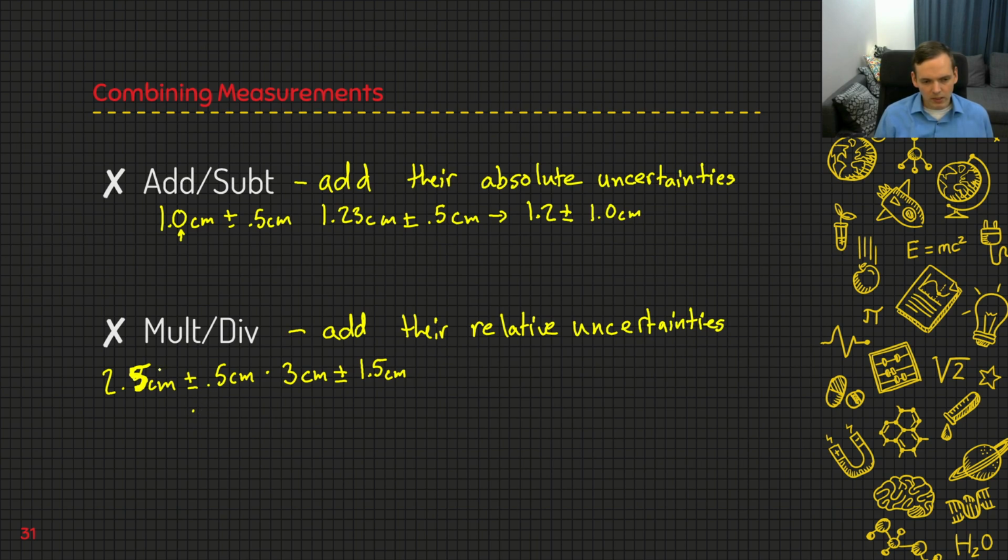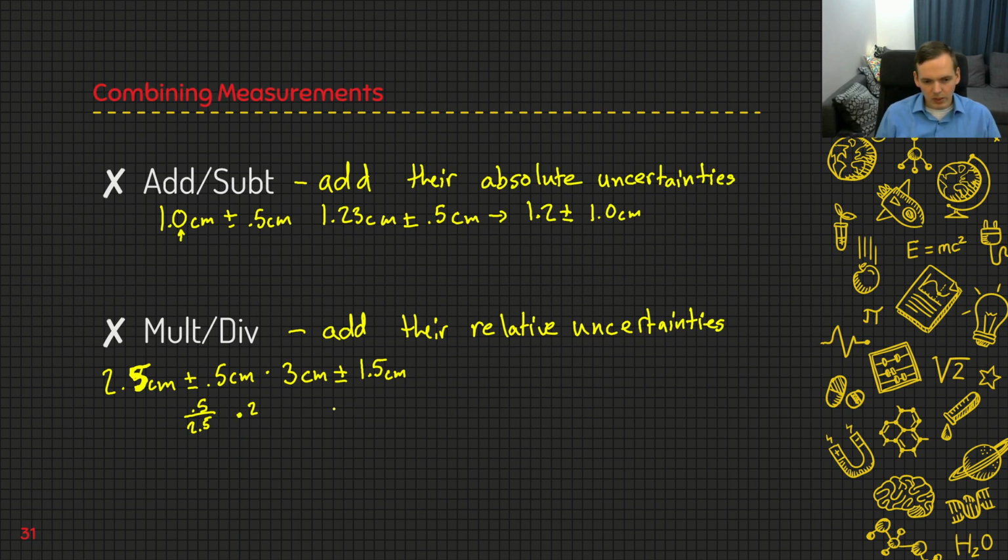Well, this one has a relative uncertainty of 0.5 divided by 2.5, which will give me 0.2.